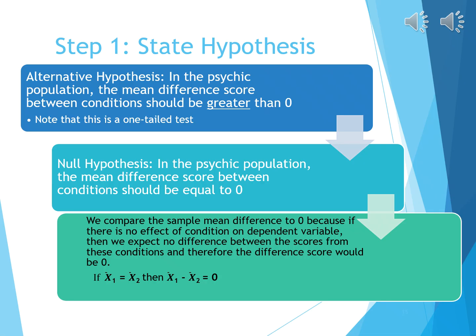Well, because we think that the psychics will have a better accuracy in the fortune-telling condition as opposed to the lab condition, then once you, for each participant, make all of those subtractions and you find an average difference score of the entire sample, that number, whatever that average difference score is, should be greater than 0, right? Because on average, you have higher numbers in the fortune-telling condition than in the lab condition. So on average, you get a number that's greater than 0.